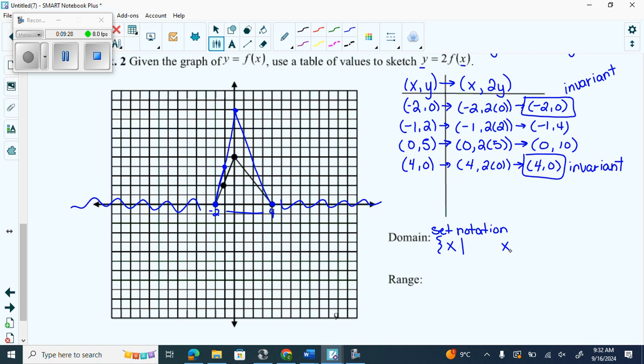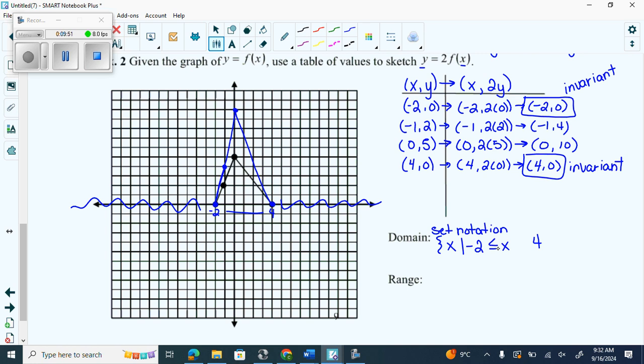So I have -2 over here, and I have 4 over here, and I need to put some inequality signs in there. So is x greater than or less than -2? It's greater because it's going to the right, correct? So x is greater than, so I open it up to the x, or equal to -2, because it can equal -2 on the graph. Then I read from the x this way.